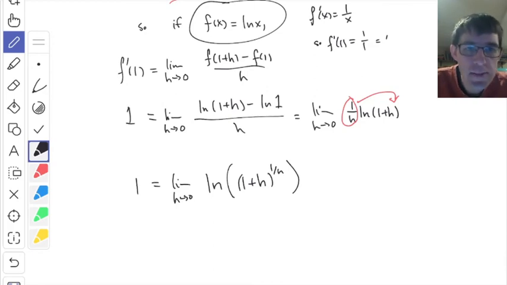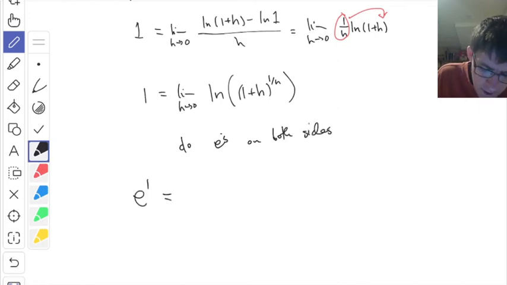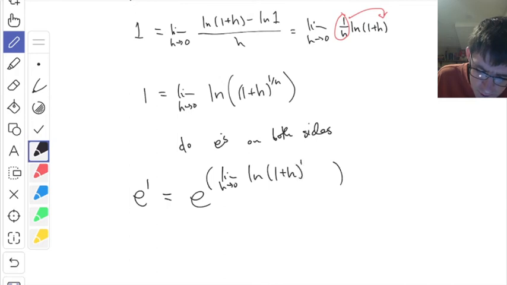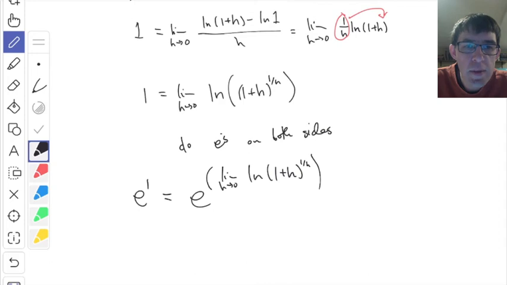All right. And now this is almost done. I'm going to do e's on both sides. So on the left it will say e to the 1, and on the right it will say e to this whole thing here: lim h goes to 0, ln of (1 plus h) to the 1 over h. Too many parentheses there. All right. When I have the limit on the inside there, that's the same as if I were to take the limit out. On the left, you just get e.